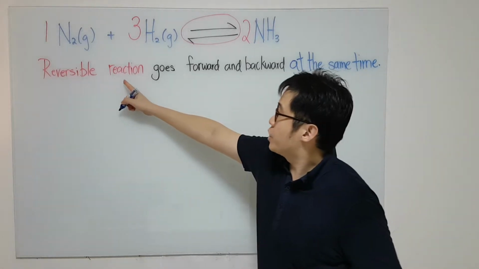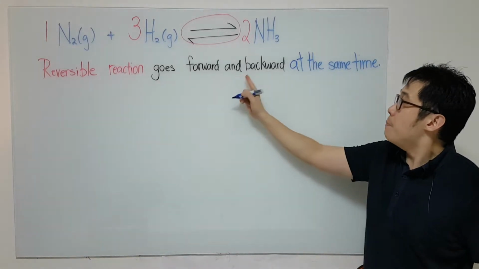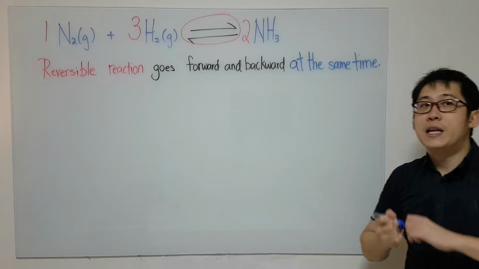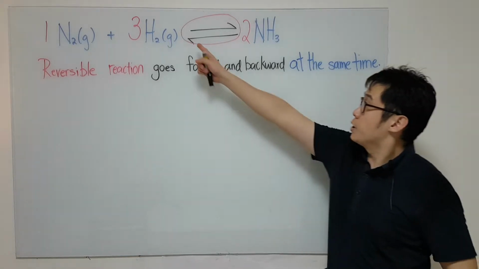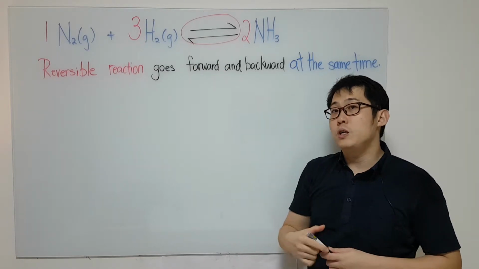A reversible reaction goes forward and backward at the same time. Now, what does this mean? So this means, this equation here, is actually comprising of 2 equations.